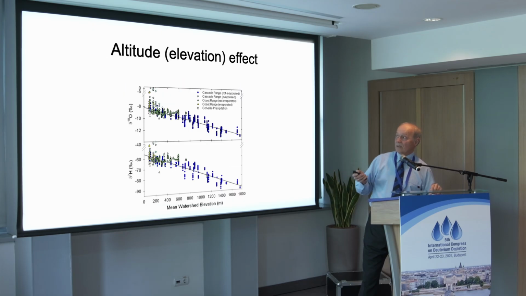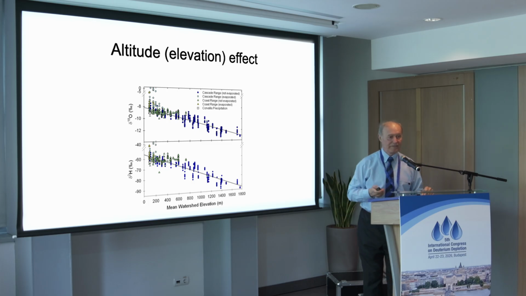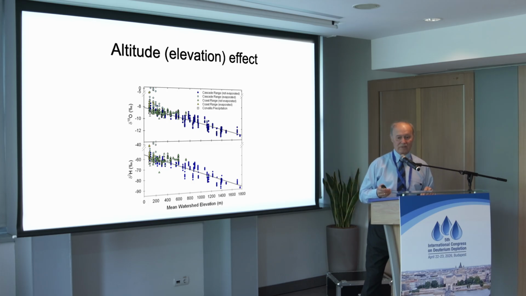This is the altitude effect, with another name the elevation effect. If we start from the lowland and go to the upper part of a mountainous area, the deuterium content of the precipitation is lower and lower. So if you go to high elevations in the Alps or the Himalaya, the deuterium content is lower and lower.